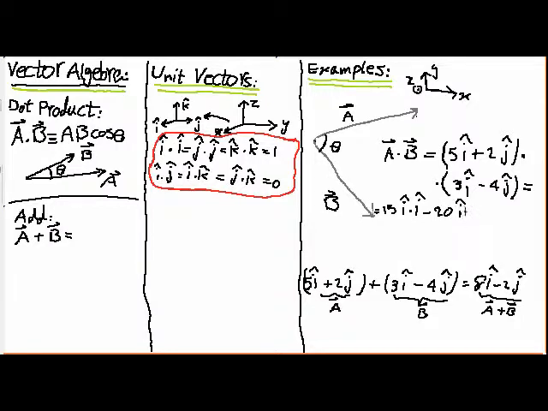and now this guy plus 6, because 2 times 3, j hat dot I hat, minus 8 j hat dot j hat. And now I need to use these equations. I already know this guy is 1, so it's 15.